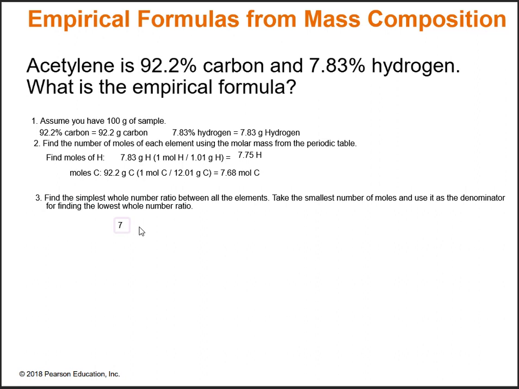So we take the 7.75 moles of hydrogen, divide that by the 7.68 moles of carbon, we get 1.01. So what does that mean in terms of the empirical formula? We know that the ratio of hydrogen to carbon is 1. So what is our empirical formula?